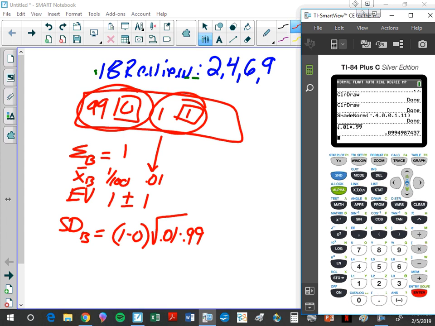And I get an SD of 0.099. Now I need to times that by the square root of 100, times it by 10, and what do you notice? It's really close to 1. And that's it.